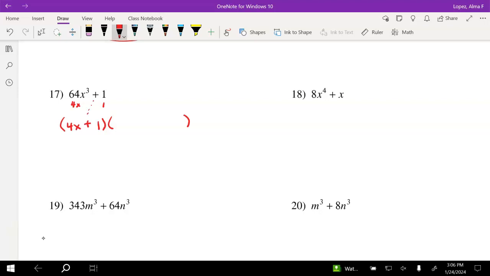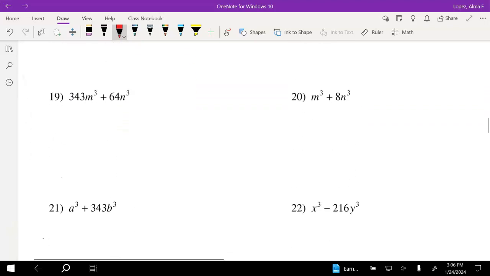Our trinomial is built. First base squared. Well, 4x times 4x is 16x squared. Our last term is our second base squared. 1 times 1 is 1. Our middle term is made up of our first base times our second base, 4x. This is always a plus, and this sign is the opposite of what was happening in the original.